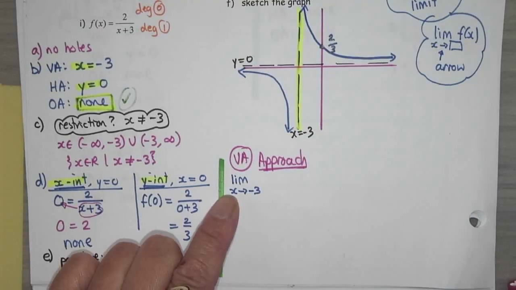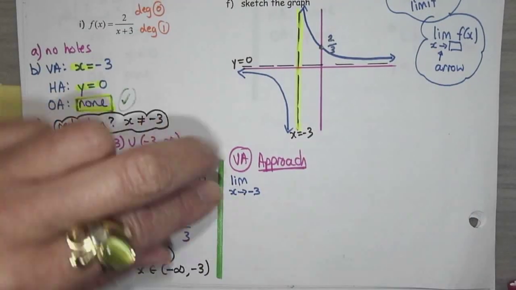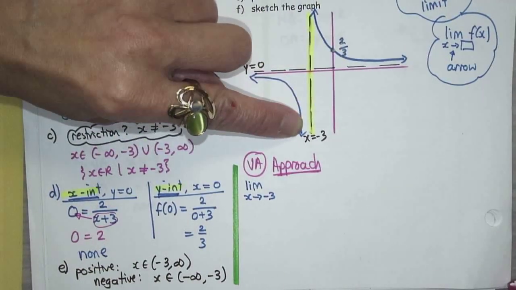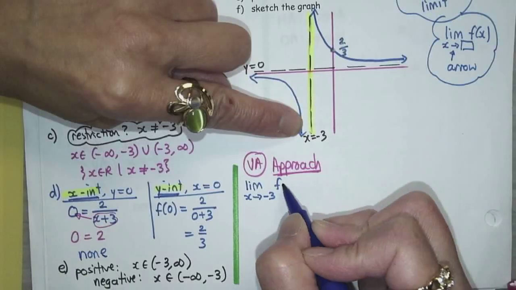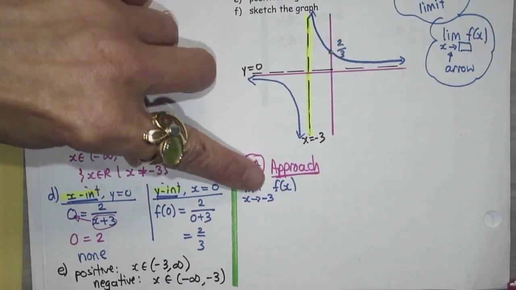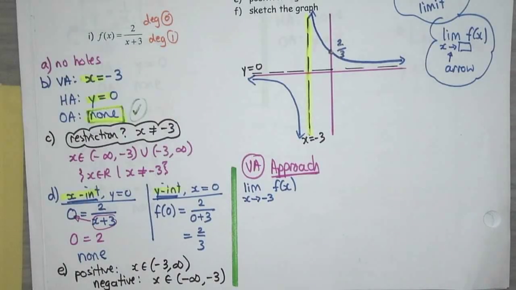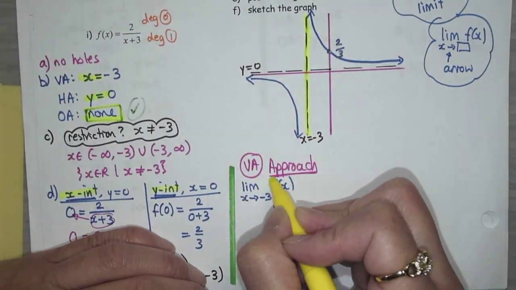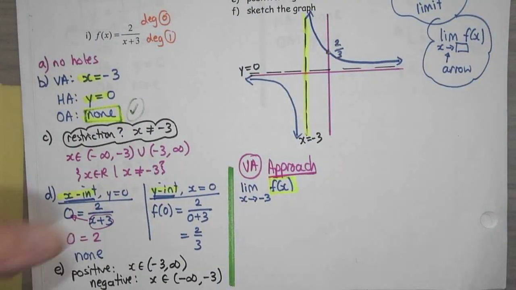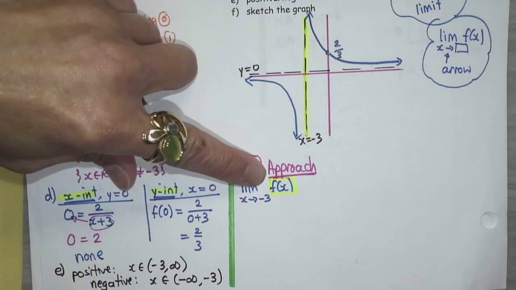Does that make sense? X is getting closer to -3. So I'm walking the graph as I'm approaching -3 of the f of x, and you have to tell me what the function is, f of x, g of x, y, whatever it is. People always focus on the rest of it and they forget to tell me the function, right? So tell me the name of the function, f, g, y, whatever. Usually we use f of x.